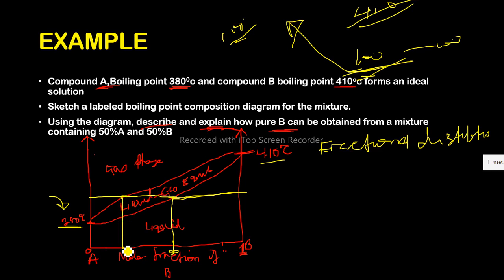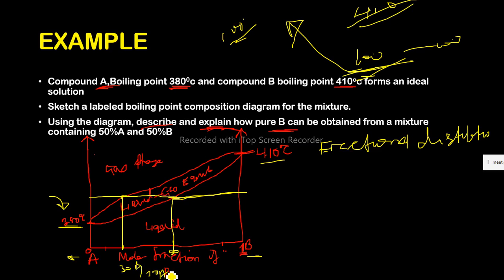You can have a glimpse: it will have more of A and less of B. The mixture was 50-50 when heated, but now the vapor has more of A. Maybe this one can be like 30 B and 70 A.